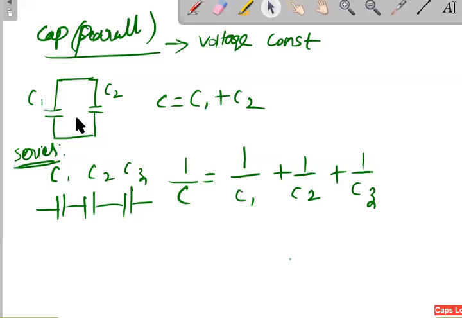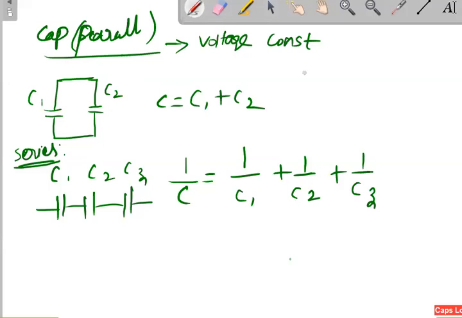I have clearly told you this consists of some charge, this also consists of some charge. They are connected in parallel, but effectively you are having more charge. If C1's charge is over, it can go from C2. If you are having multiple capacitors with the same voltage, you can connect in parallel so that your time of operation can be increased.